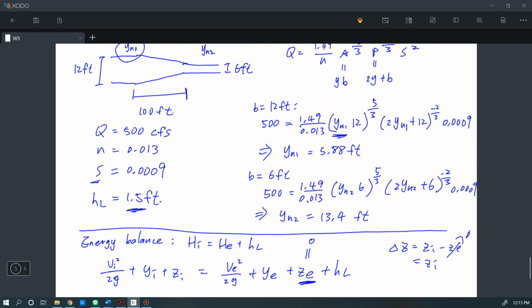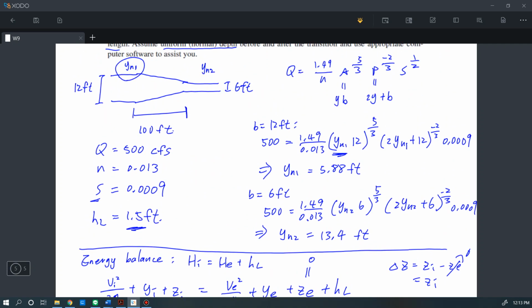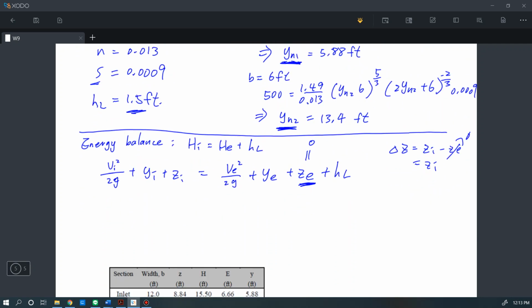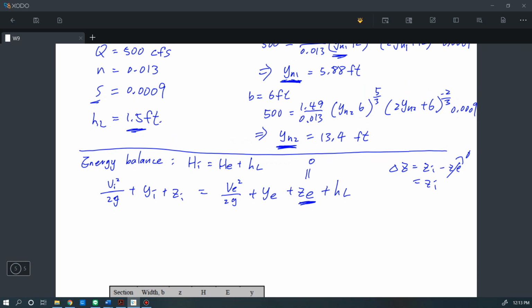And we know the depth, the normal depth for the wider channel and the smaller channel, and we also know the flow rate. So we know the Vi is equal to Q divided by Yn1.